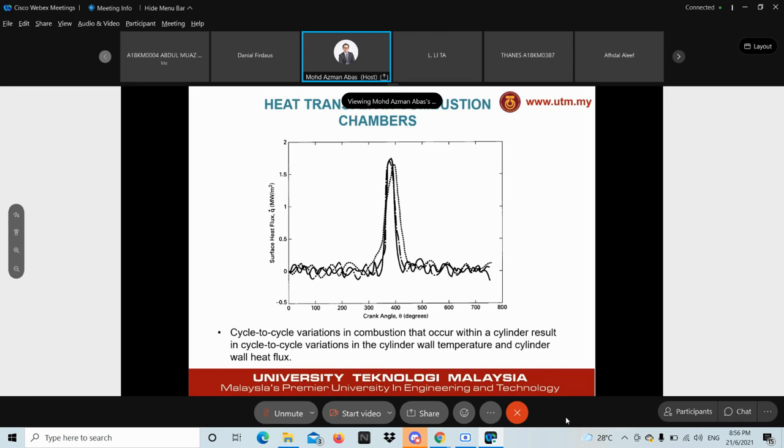In certain good engines, the variations between cycles are at a minimum, but not in a typical passenger car nowadays. I think these variations are among the issues of why engines are not achieving certain efficiency.